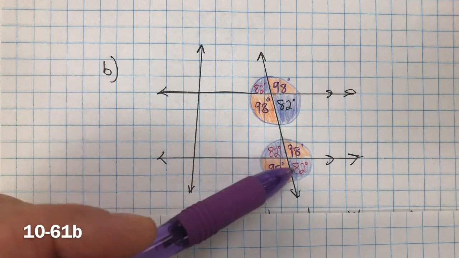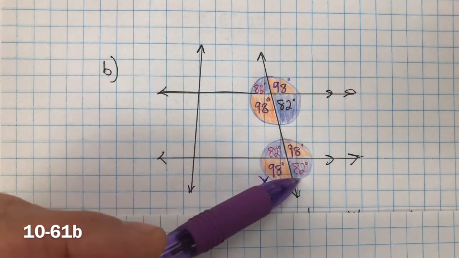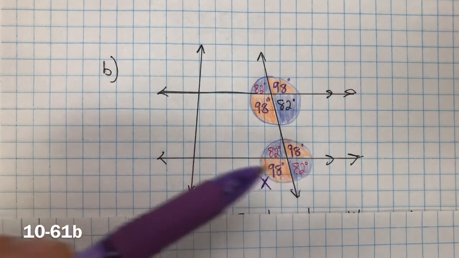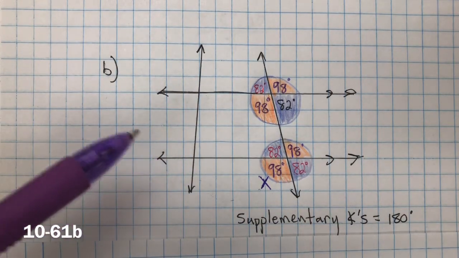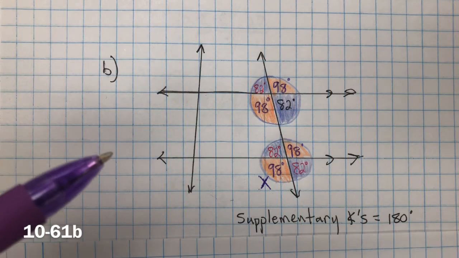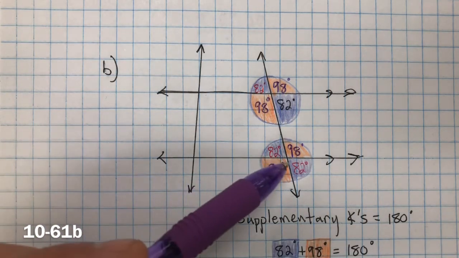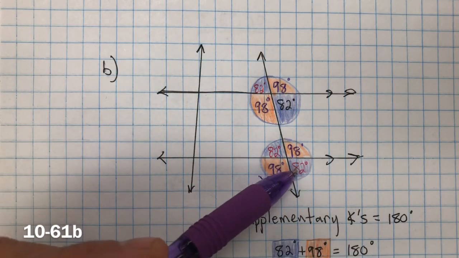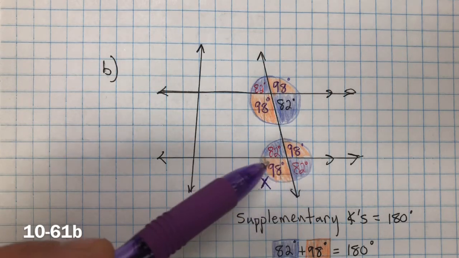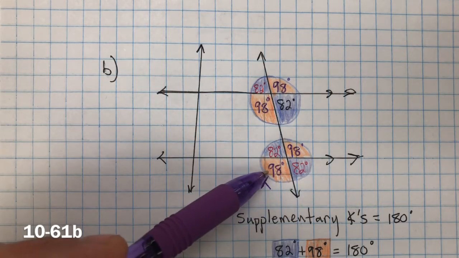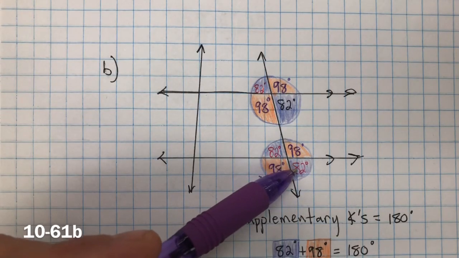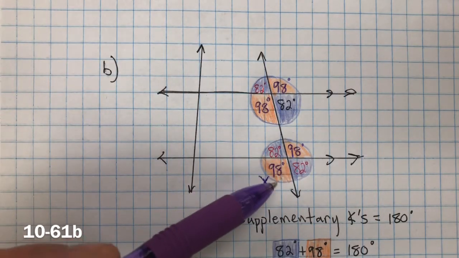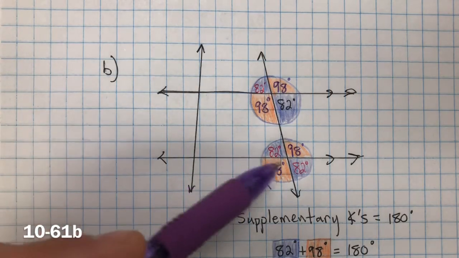And remember, a blue and a yellow, these are supplementary angles. And supplementary angles equal 180 degrees. So I know that if this is 82 degrees, 82 plus 98 is going to equal 180 degrees. So I subtracted 82 from 180 to get 98.